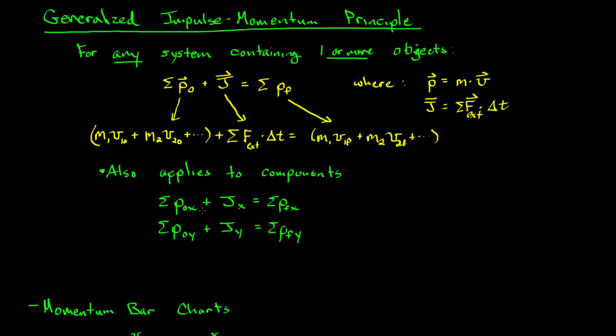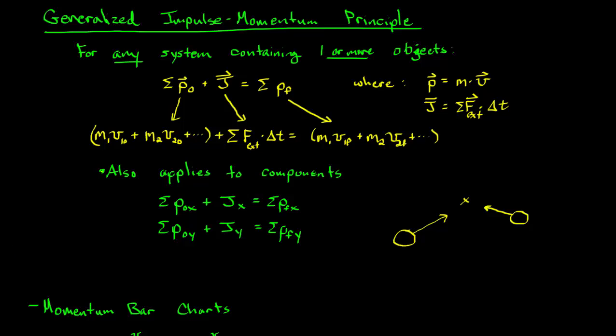This also applies to components. So we can do it all in the x and y directions. These are for 2-dimensional collisions. We won't be doing a lot of these, but if you had some velocity this way, say like 2 billiard balls, and then it's going to collide with something else moving in this direction, and then they're going to collide right here, we can figure out where these balls are going to go.